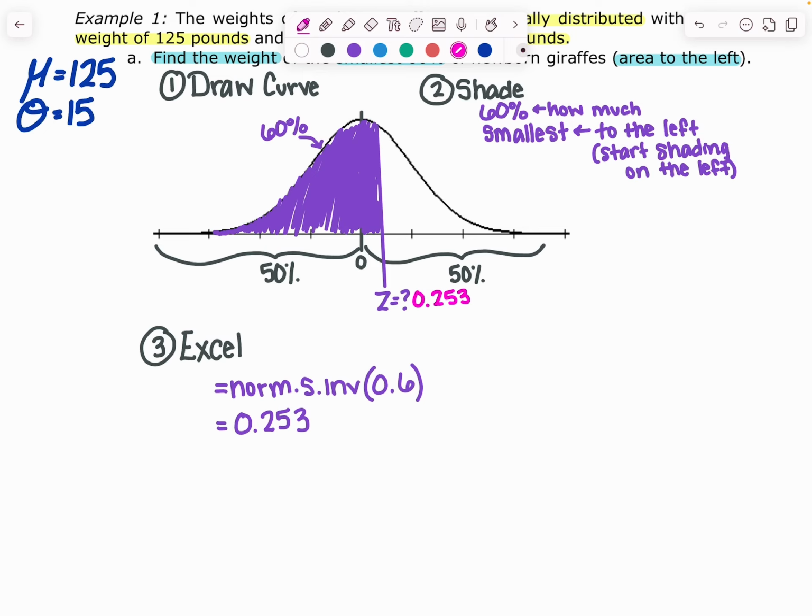So if you've shaded 60% of your curve starting from the left so that the area is to the left, then your z-score is 0.253. 60% of the normal distribution is to the left of 0.253. Those correlate. Those go together.